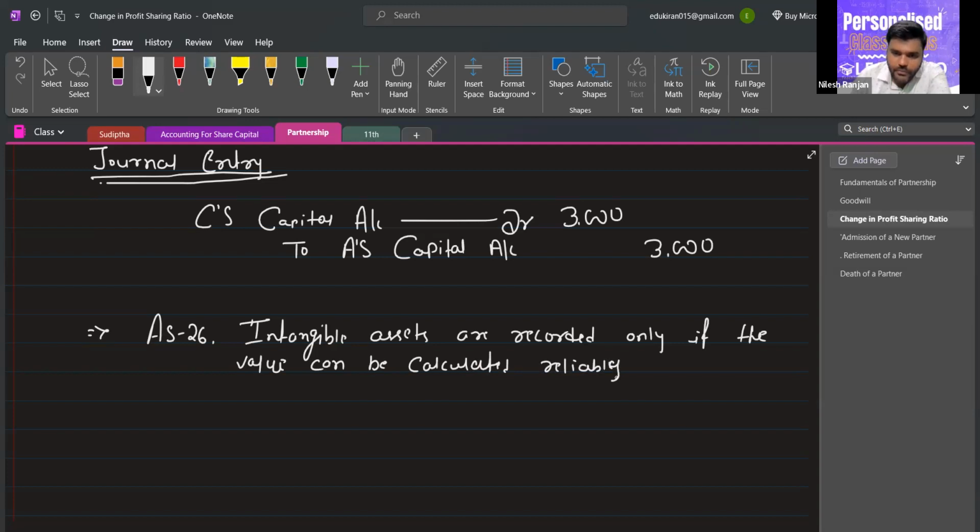Okay. Yes. So if we can calculate the goodwill with certainty, okay, then we can record that goodwill.